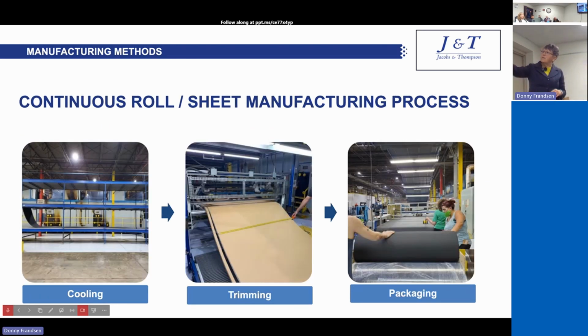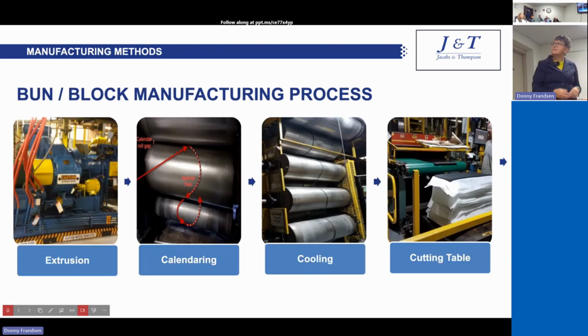At the end, on the left side, it comes out already expanded into 4 or 5 foot widths and maybe an inch and a quarter, an inch and a half. Then it starts getting cooled, all still continuous rolls, not cut. Then the edges get trimmed, and they get packaged into 100-foot rolls or 50-foot rolls or 200-foot rolls, depending on the thickness of the foam. So that's the continuous roll sheet manufacturing process.